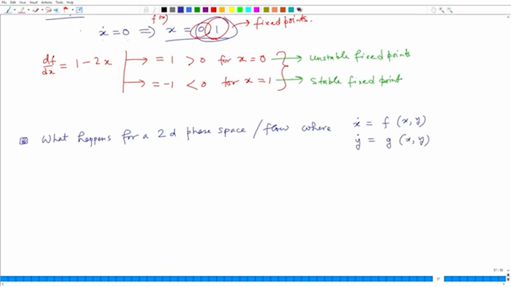Now, this f and g are not necessarily linear functions. They need not be linear combinations of x and y. They can be, for example, x square minus x, or x square plus y square minus xy. They even need not be homogeneous.